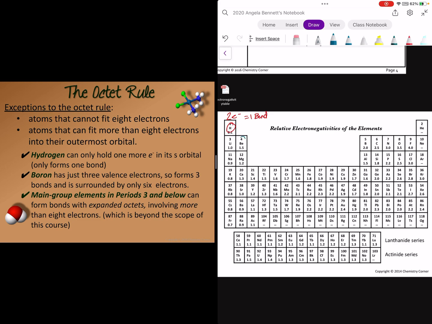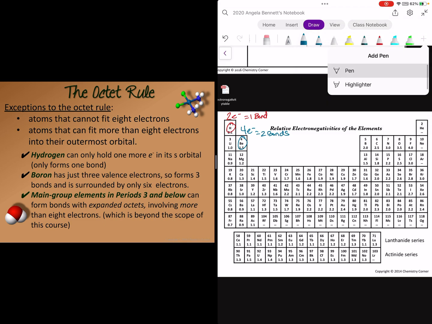Then go to the top in group 2. Remember, from here on out, electrons occur in pairs, right? So I can't add just 1 electron, I can add a pair. So he wants 4 electrons, which equals 2 bonds. That's beryllium. That's missing on this PowerPoint slide, but it's still there.